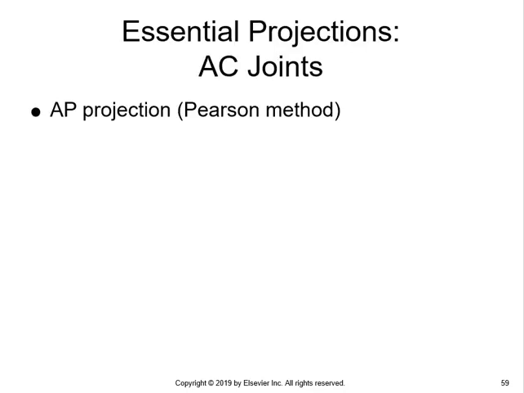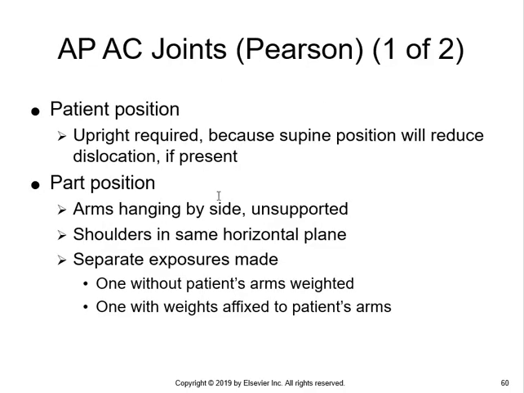So a few important things to remember about AC joints. First off, you're not going to be able to do these with the patient laying down without patient cooperation. So almost always these are going to have to be shot upright. So again, if a patient comes to you on a stretcher, set the head of the stretcher up before you try to get the patient off of the stretcher and standing.